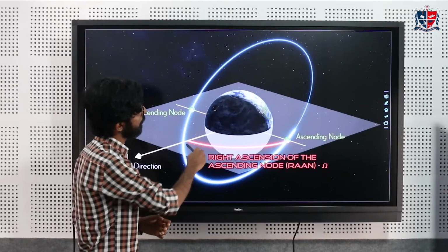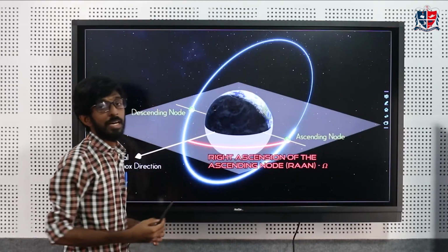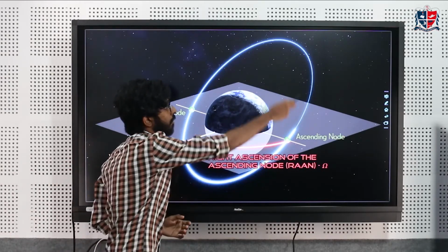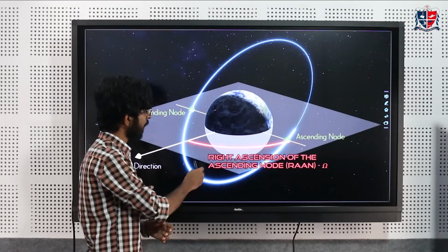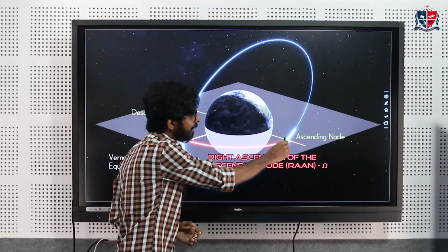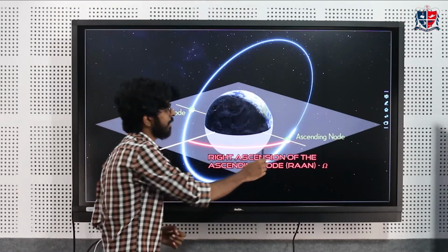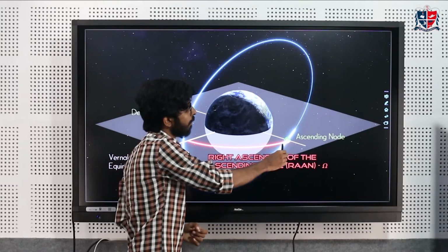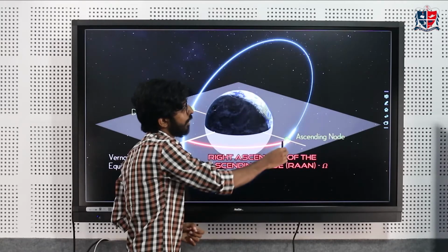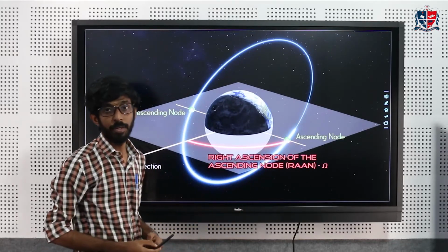So we have the satellite orbit here, and let us say the satellite is moving in this direction. We have the equatorial plane here, and the ascending node is the point, the longitude, at which the satellite crosses or intersects the equatorial plane.